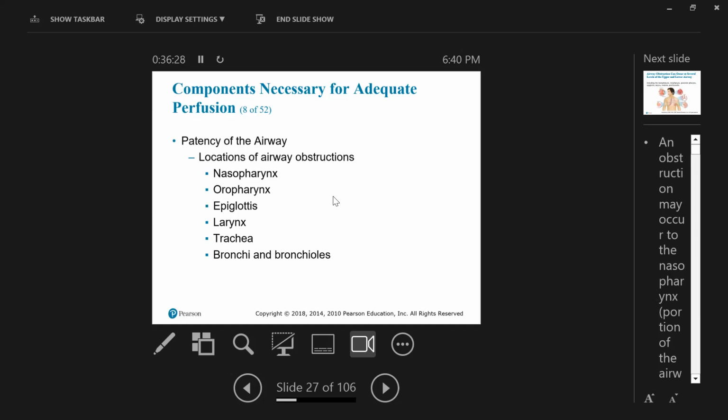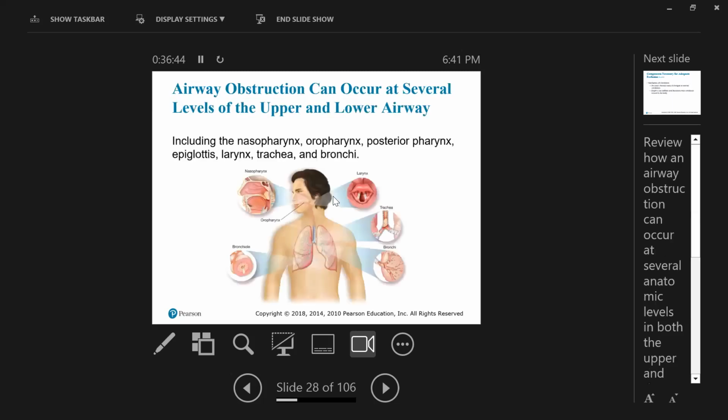The larynx, the same thing. The trachea, we've gone all the way down to the trachea and closed it. Bronchi or bronchioles, which could be a foreign object, or constriction, or mucus that has been produced and is clogging it up. So basically, that's a picture of everything that we just talked about.